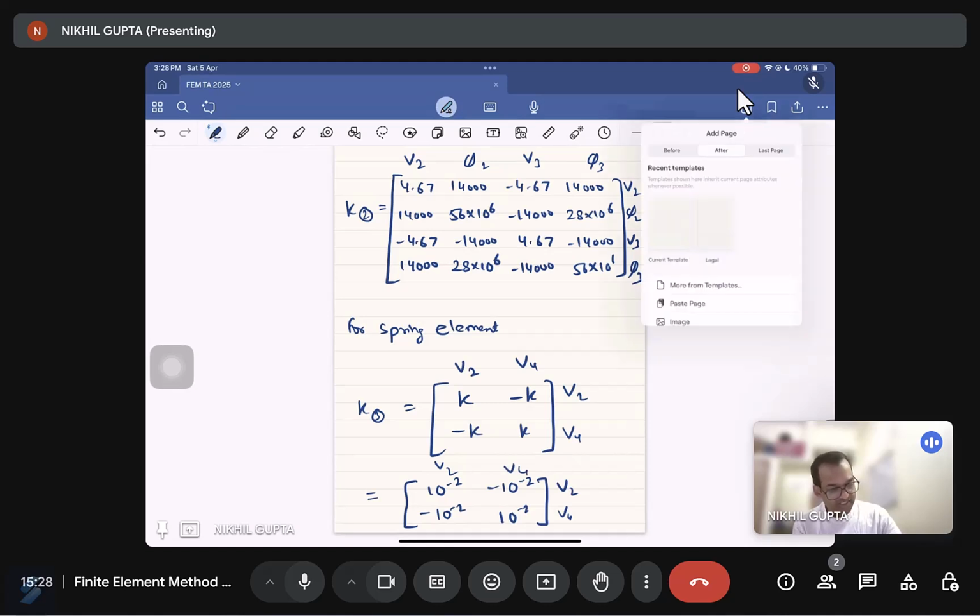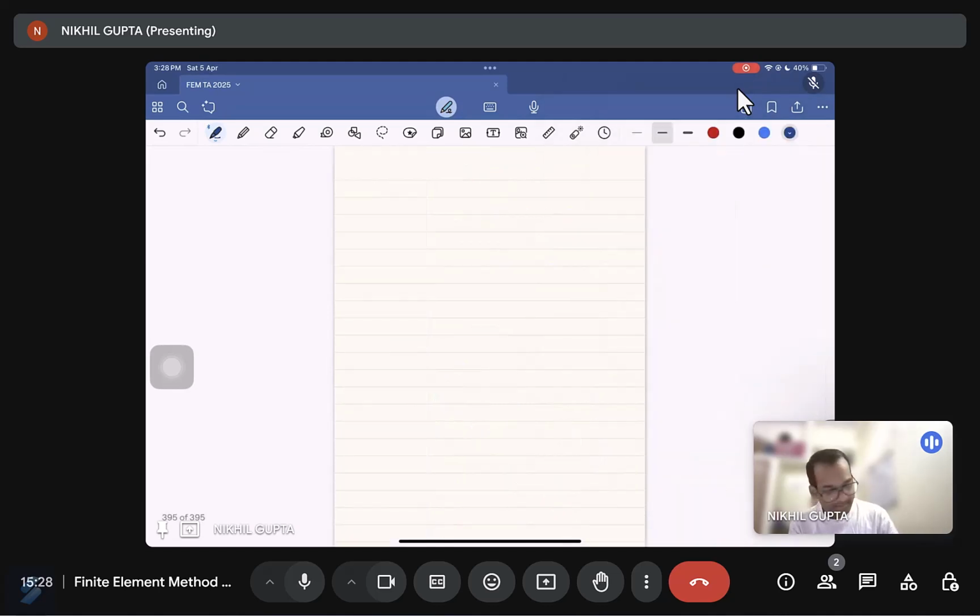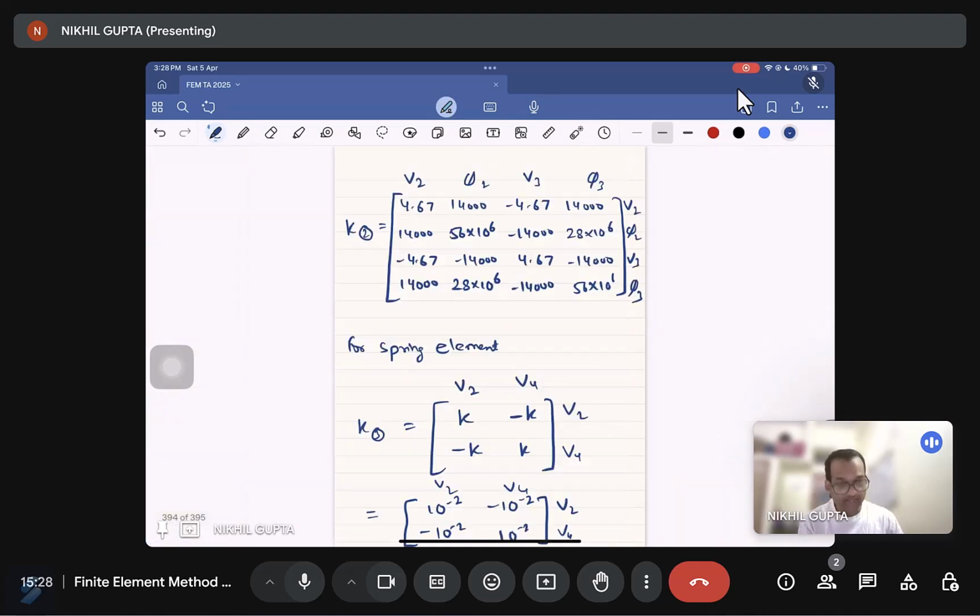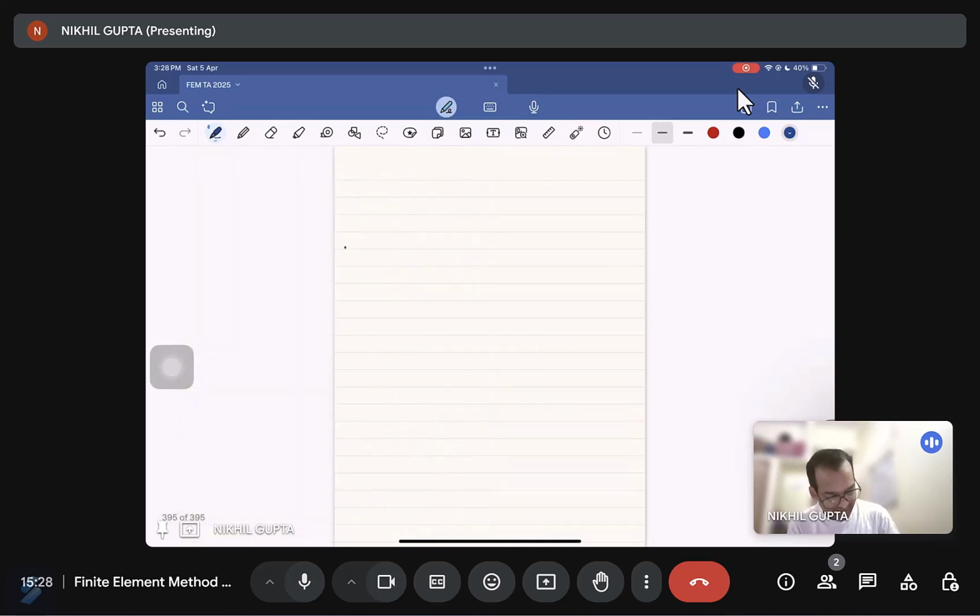Now the next step is to combine all the stiffness matrices to get the global stiffness matrix. The way I have discussed many times, I think you are well versed with it right now. So I'll directly write the global K matrix.